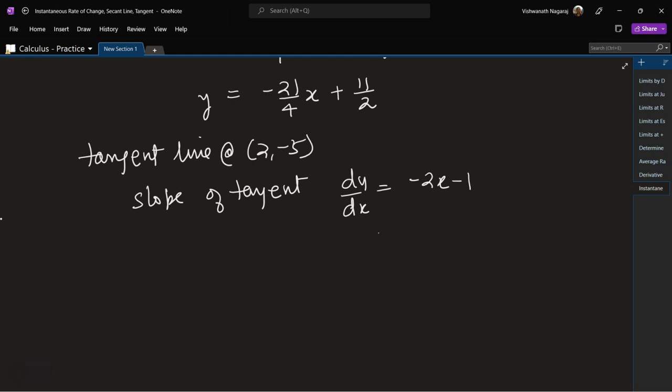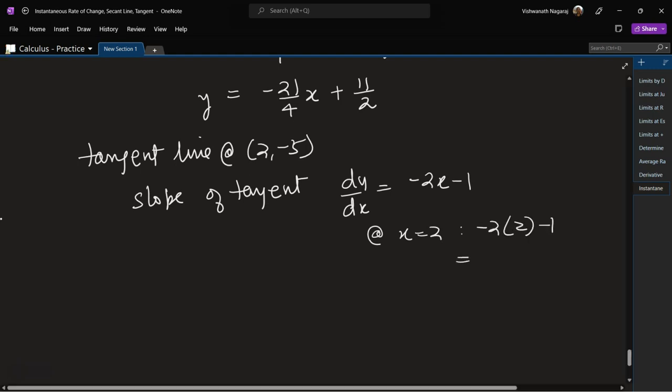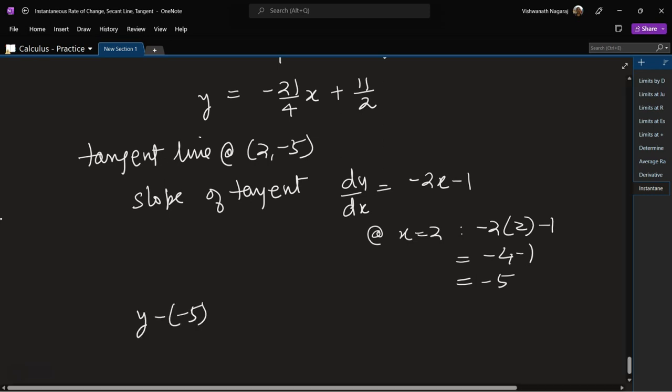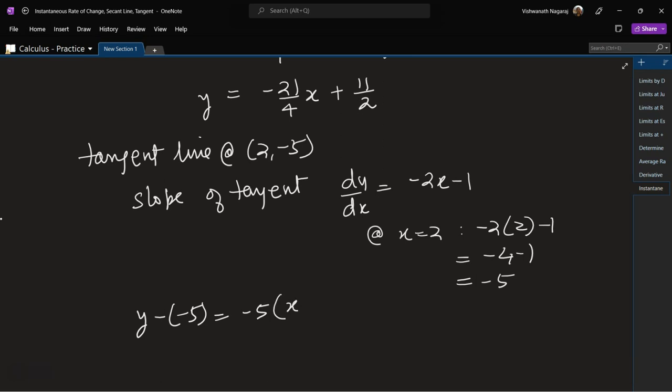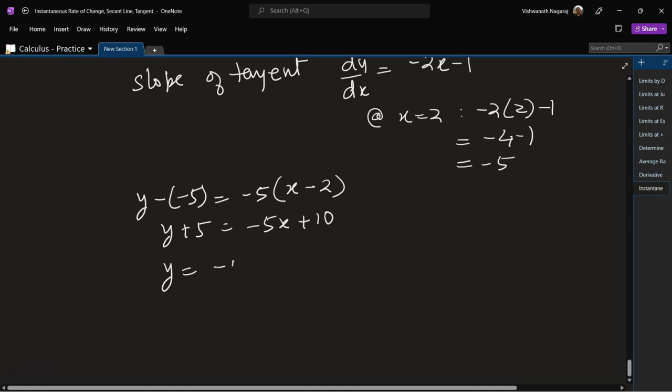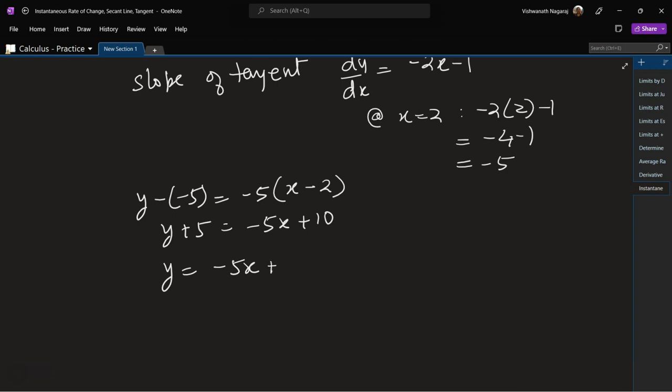So the slope at x equal to 2 would be minus 2 times 2 minus 1, which is minus 4 minus 1, which is minus 5. So our equation of the tangent would be y minus minus 5 is equal to minus 5 times x minus 2. So y plus 5 is equal to minus 5x plus 10. y is equal to minus 5x plus 10 minus 5, which is plus 5.